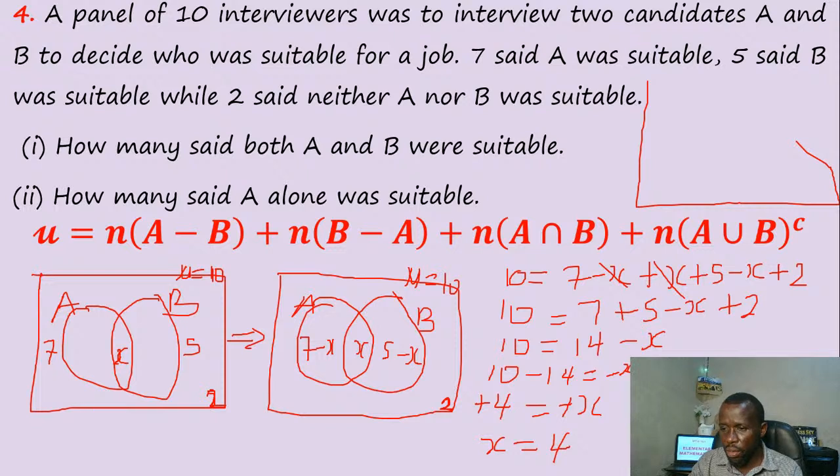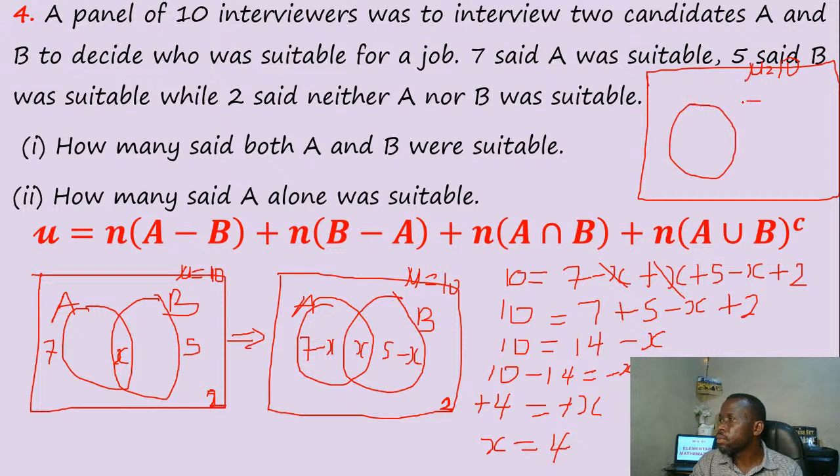Now, let me redraw this side here. Sorry, I'm very sorry. So let me redraw. Okay, so I have this. Remember that up here is 10, that's our universal set. Then I have my 2 circles, one is A, the other one is B. And I have here outside 2.